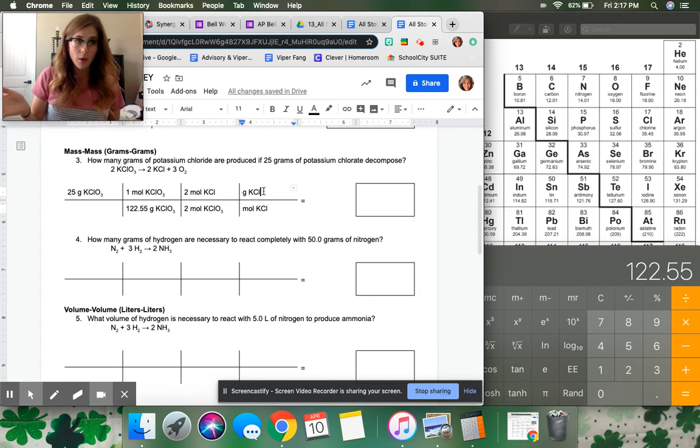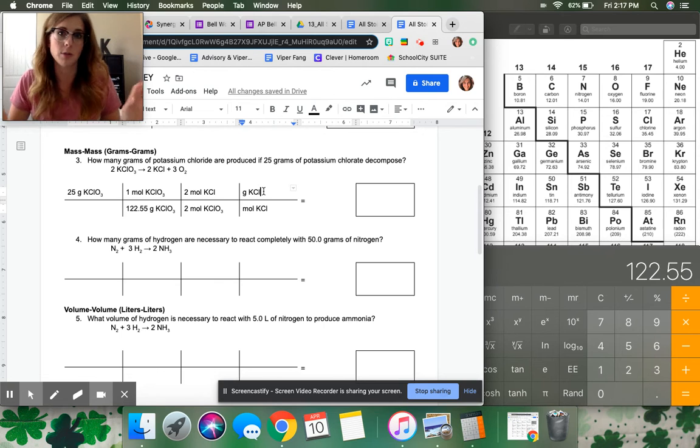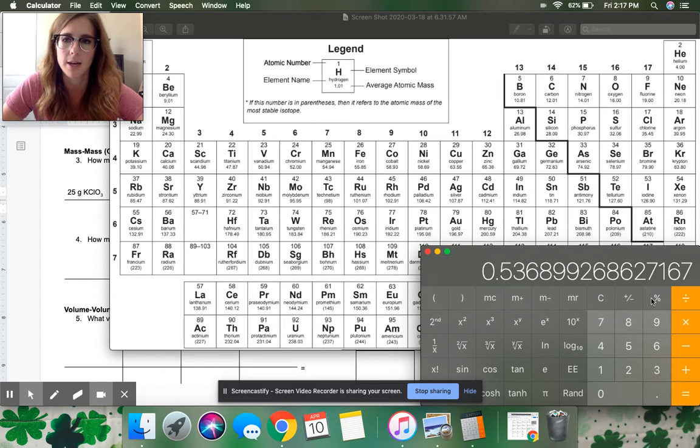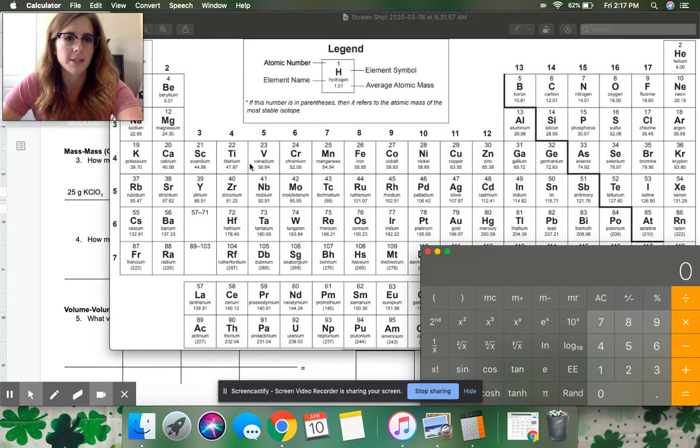Once again, I'm just doing a mole to gram conversion in this case. So I'm always thinking about the fact that I want the molar mass, which is the mass per 1 mole of KCl. So once again, I'm going to have to do a little bit of calculating here, but it's not much. I'm adding the mass of potassium plus the mass of chlorine. So once again, looking at my periodic table, potassium over here is 39.10.